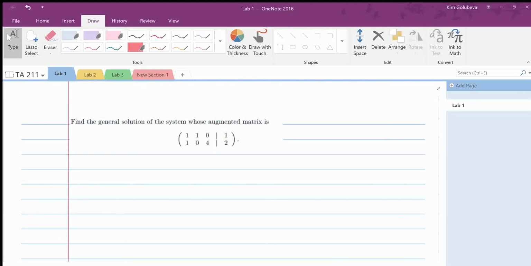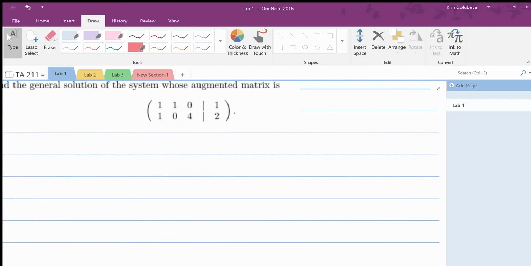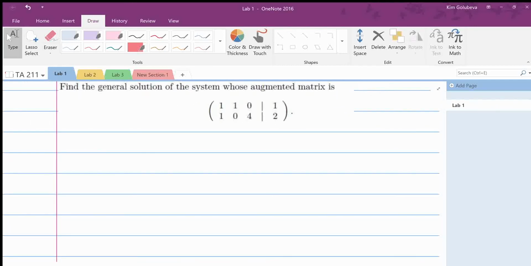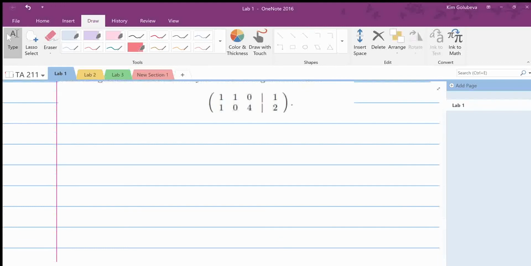So this question is just asking us to find the general solution of the system. We're just doing row reduction here, and we went over that in the last example, what we're allowed to do with row reduction. If you don't remember, you can just scroll back in the video.